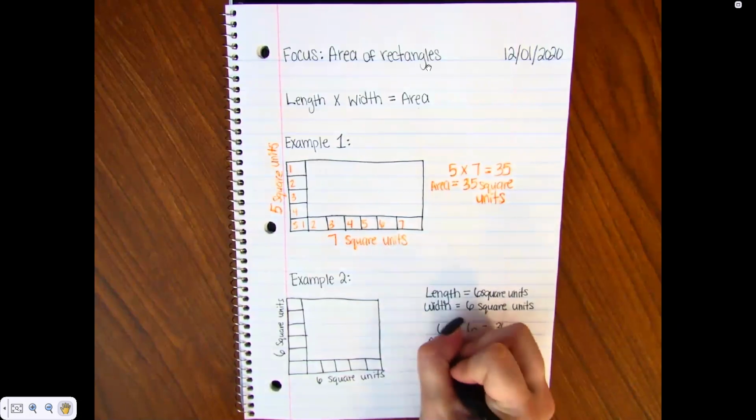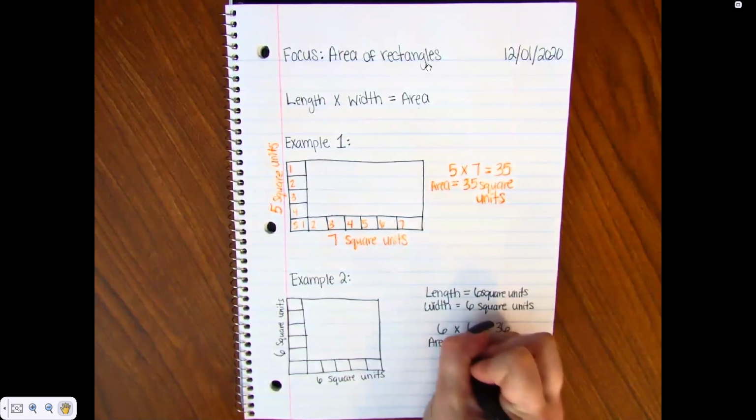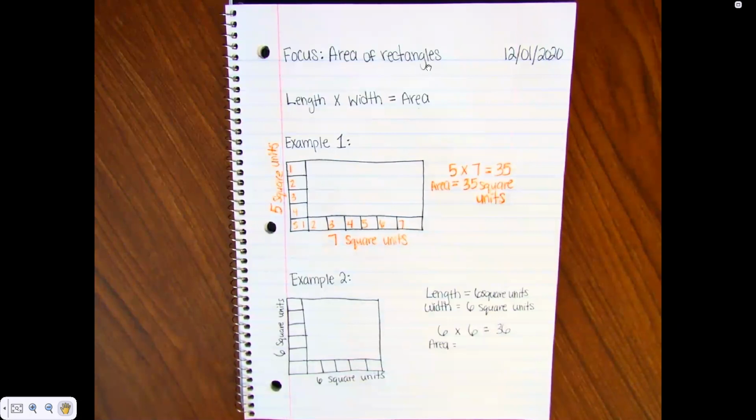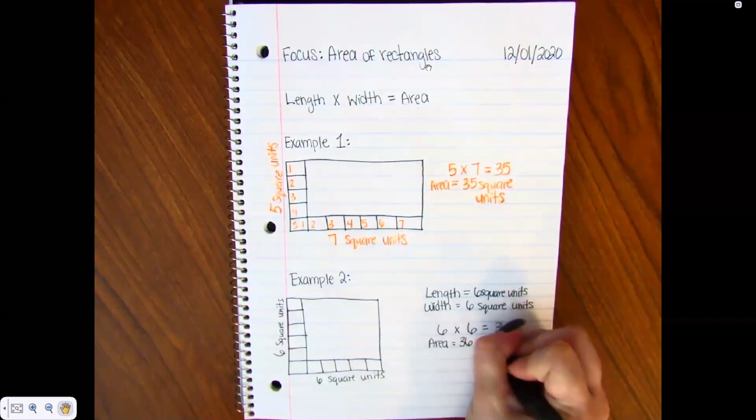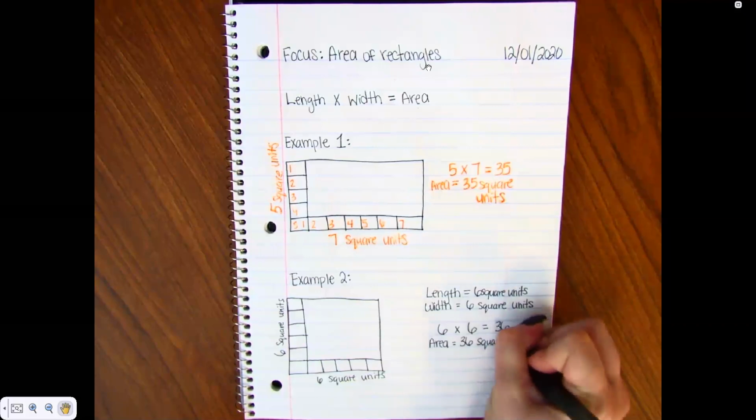So then, what does my area equal? 36. 36 what? Square units. Good job, Gabriel. 36 square units.